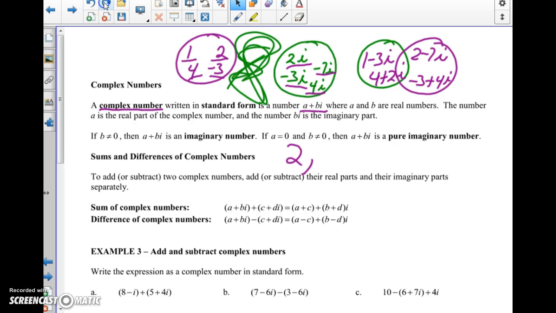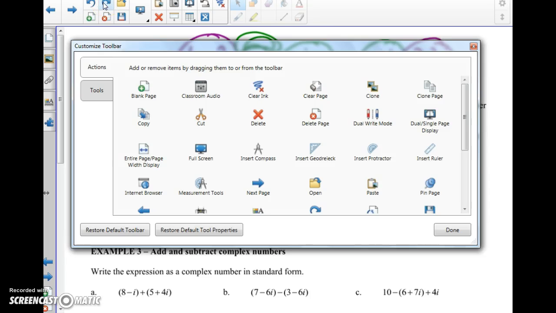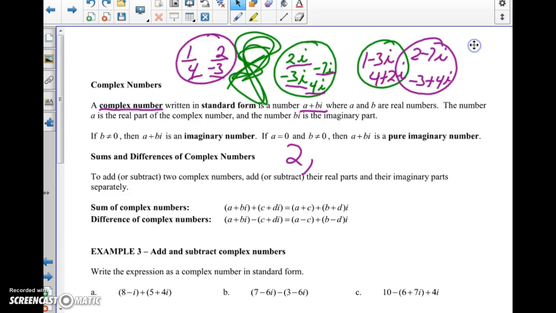One is a pure imaginary number. And one is a complex imaginary number. Okay, 3 different kinds of numbers. And here's what we're talking about. We're talking about these complex imaginary numbers, or complex numbers.